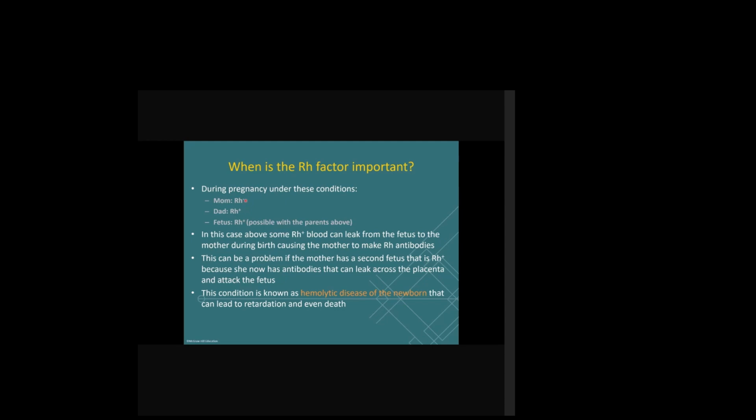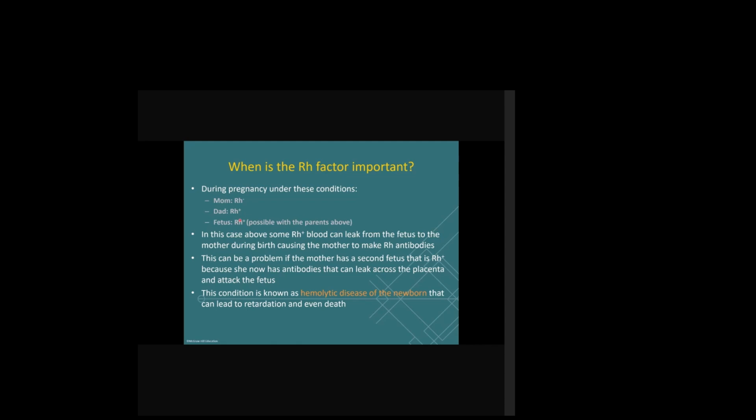Let's imagine a situation where the mom's blood cells did not have the rhesus positive antigen, but the dad had it. So they have the egg and the sperm. The sperm has the rhesus. Now, all of a sudden, the fetus that is developing, because of the rhesus positive contribution from the dad, is rhesus positive.